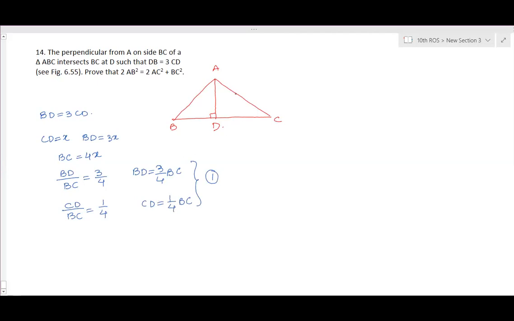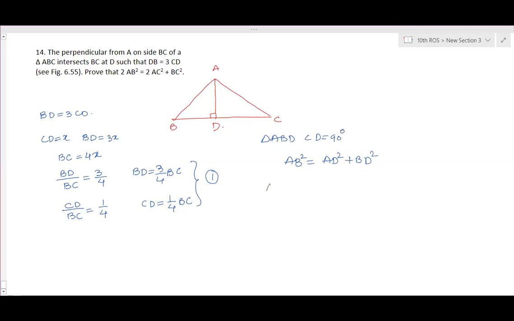And now use triangle ABD Pythagoras theorem, triangle ACD Pythagoras theorem. So triangle ABD, angle D is equal to 90. So by using Pythagoras theorem, AB square is equal to AD square plus BD square. We need AB square as well as AC square.